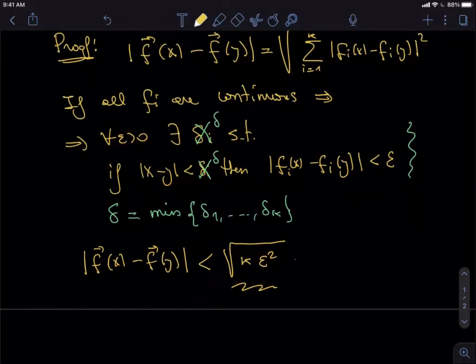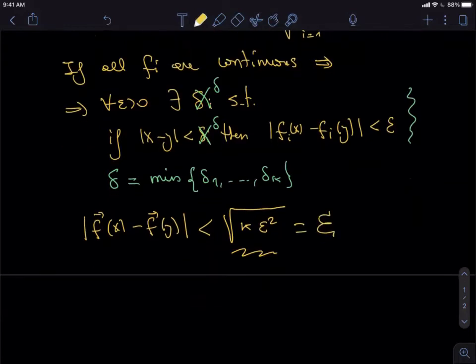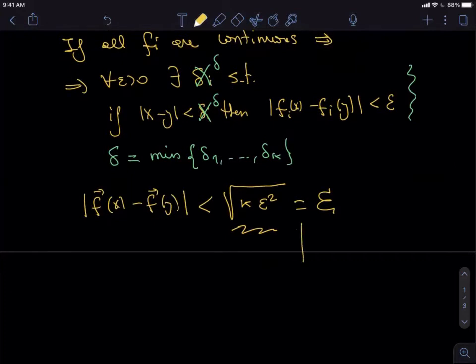But let's say we want to call this capital epsilon. I'm trying to use a different epsilon. You will see this in books very often, that they use very strange values of epsilon out of nowhere. This is how it works. What I'm going to do here is to say little epsilon squared equals capital epsilon squared divided by k. So that means epsilon equals capital epsilon divided by square root of k.